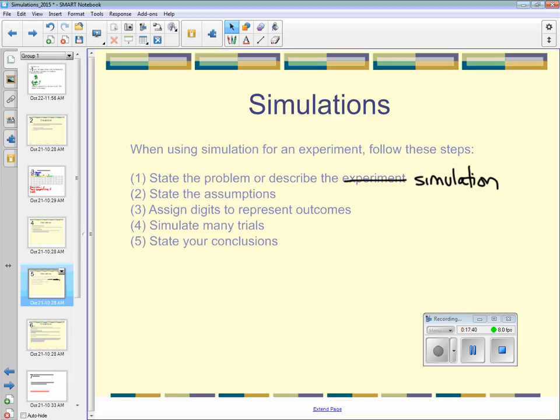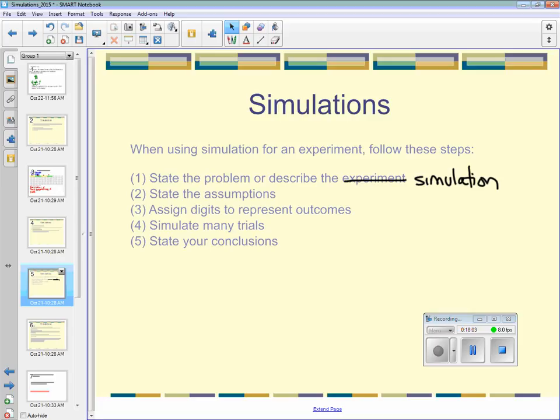Okay? So describe the simulation. In our case, what is the simulation we're trying to do? We are simulating a coin toss with 10 flips. Would you agree? That's what we're simulating. Is that the example we did?